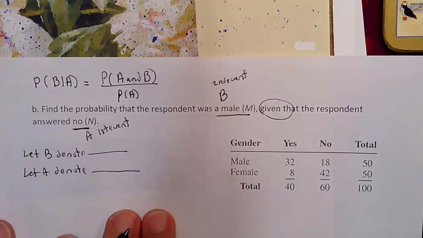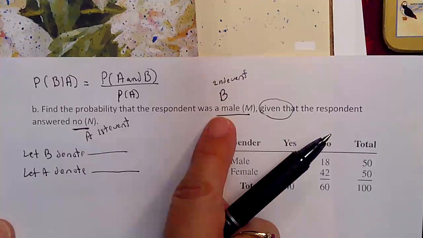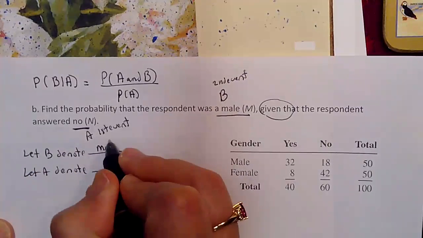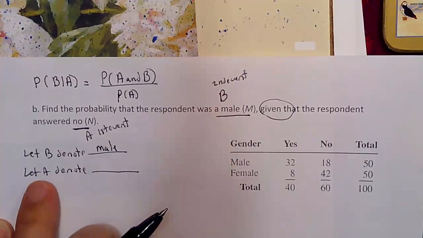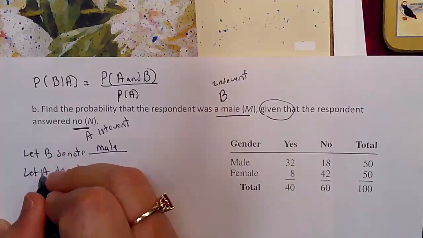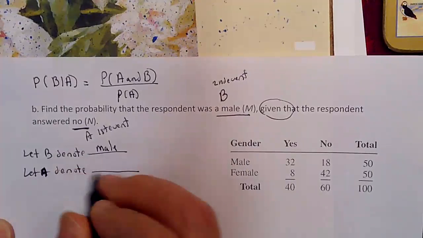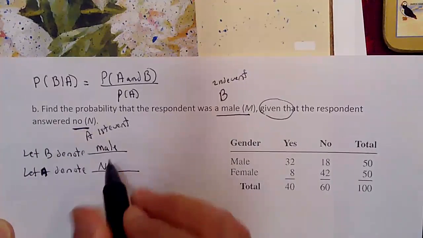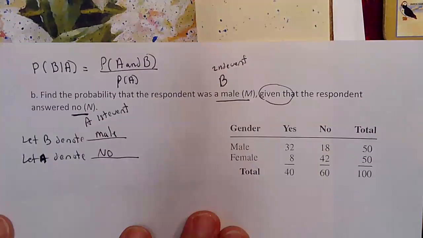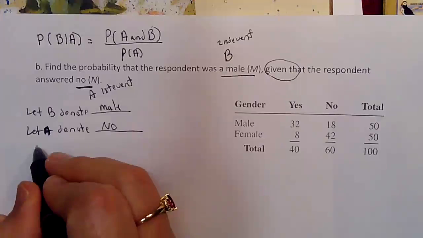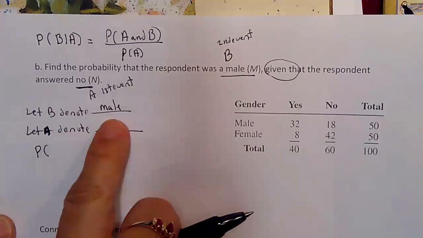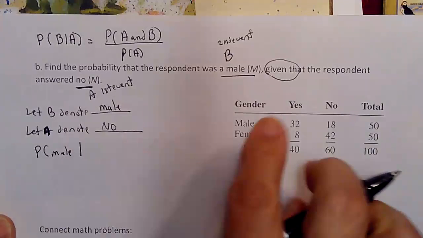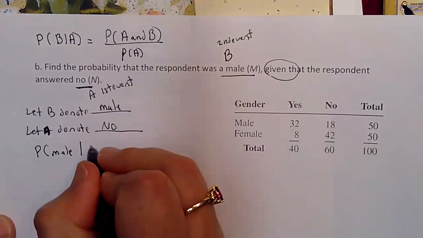For us, we're letting B denote the second event, that's the male, and we're letting A denote the first event, which in our case is the no. Then when we apply the definition, the probability of B, which is the male, given that the no has occurred.